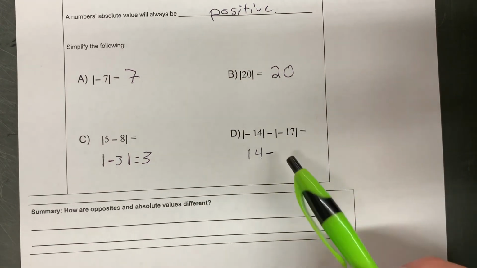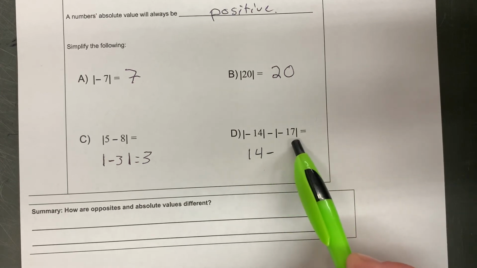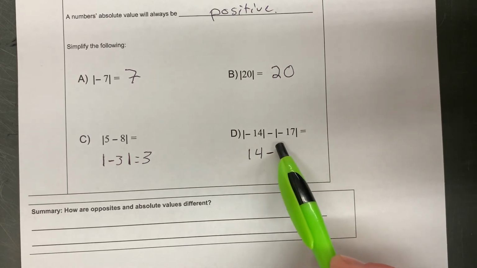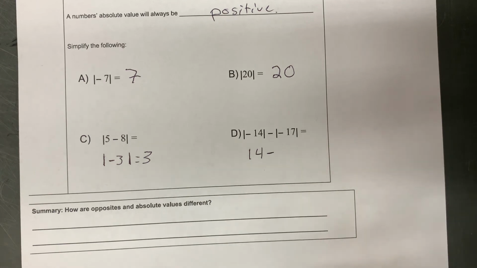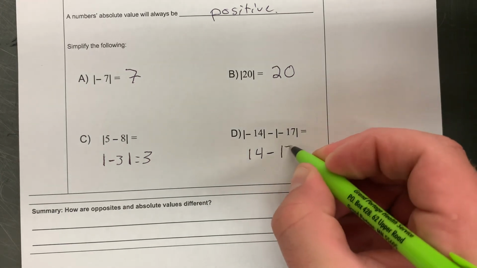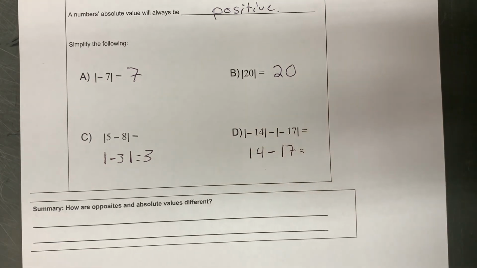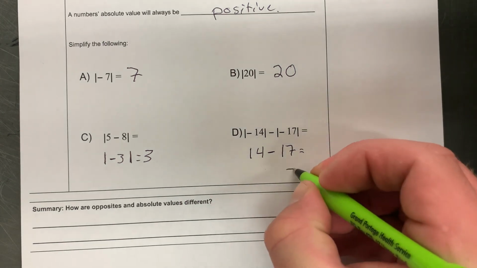And then I have our absolute value of negative 17 here. I know that 17 is 17 spaces away from 0, so we're going to bring down 17. Now what I'm left with is 14 take away 17. I know that there's a difference of 3 there, and 17 is larger, so 14 take away 17 gives me negative 3.